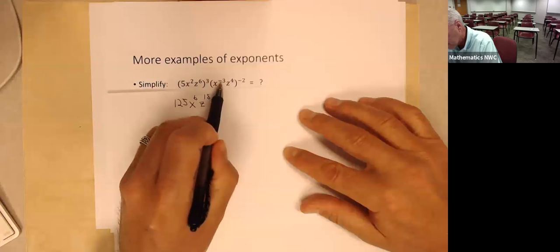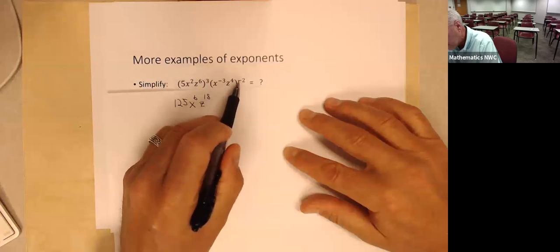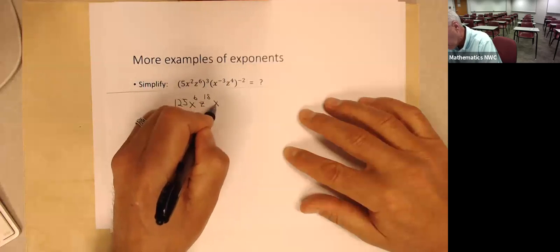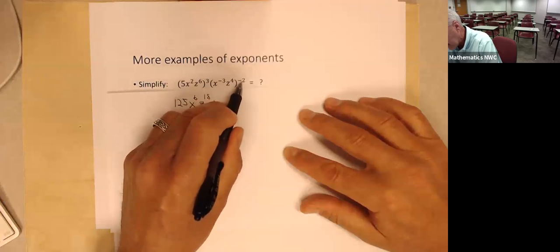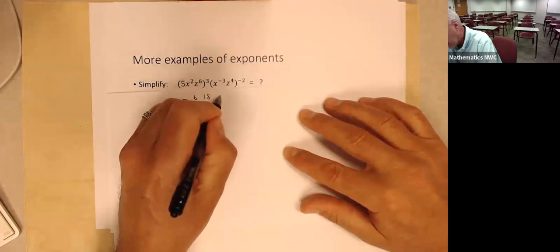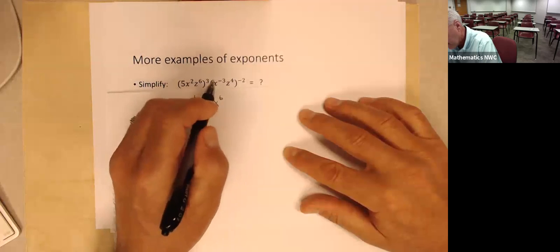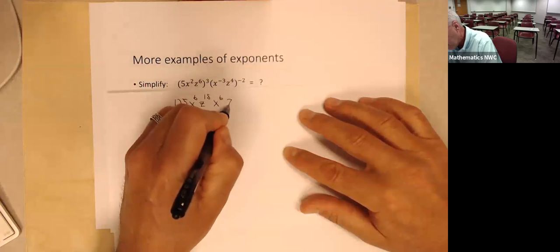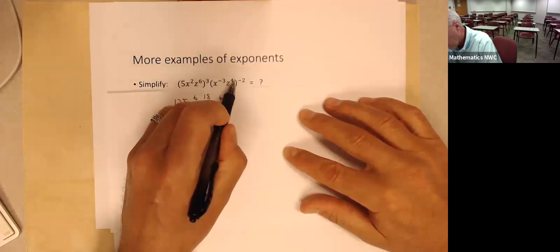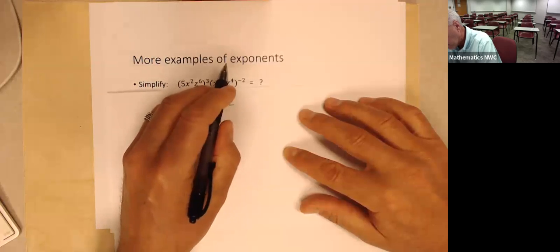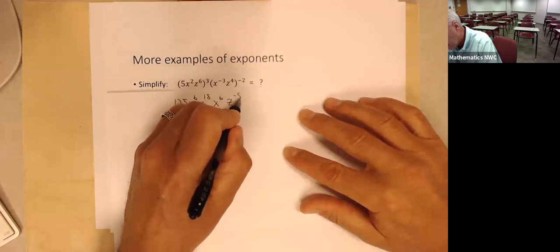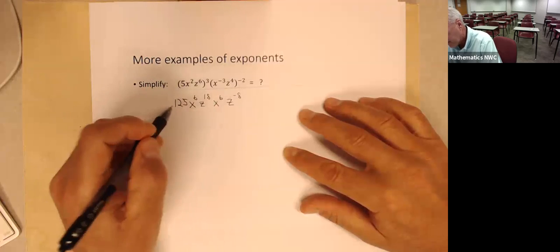Here I've got x to a power raised to another power. I multiply. Negative 3 times negative 2 is a positive 6. And I got a z here to the power 4 raised to another power. I multiply. 4 times negative 2 is a negative 8.